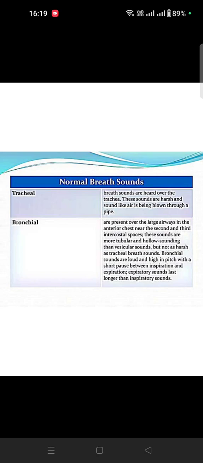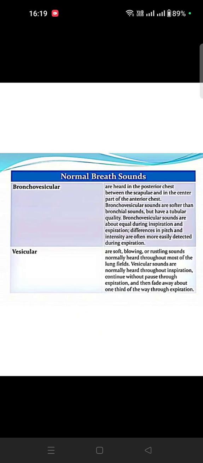So, normal breath sounds: tracheal, bronchial, and more. Tracheal sound is heard over the trachea, like sound blown through a pipe. Bronchial means it's from the large airway, entering the chest. Third, intercostal bases, which have a vesicular sound.